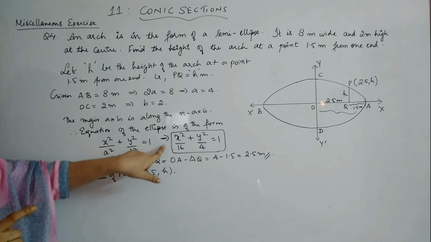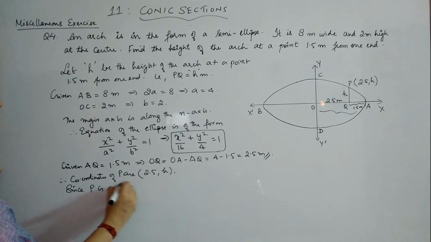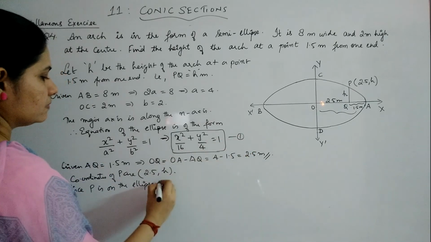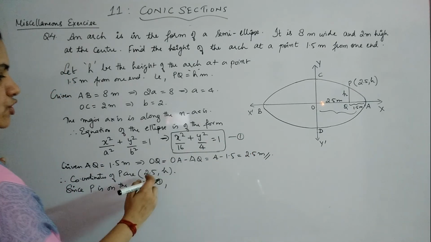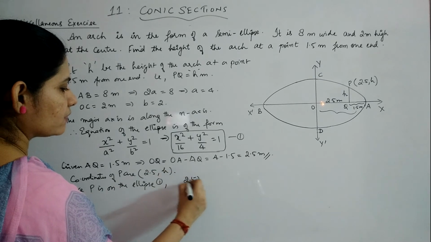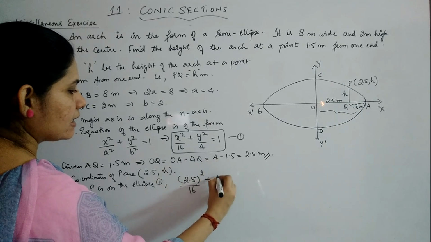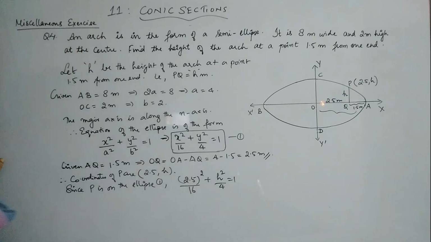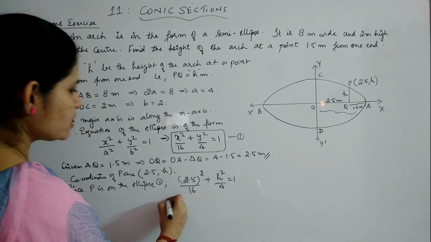That means it will satisfy the equation of the ellipse. Okay, since P is on the ellipse, we can replace x with 2.5. So it is 2.5 the whole square divided by 16 plus, instead of y it will be h, so h square by 4 is equal to 1. Now solving this will give you the value of h. What will you get here?